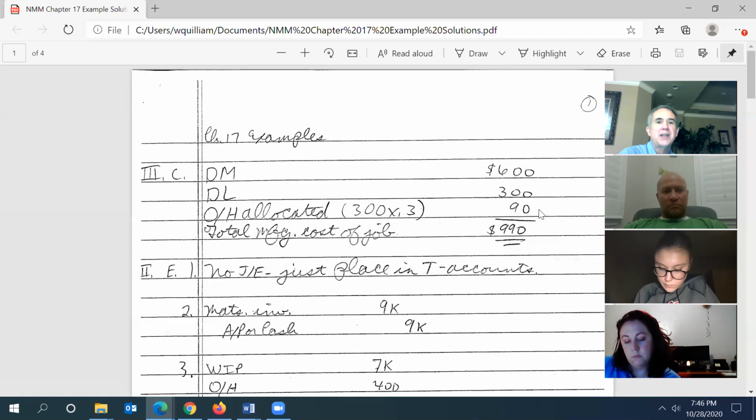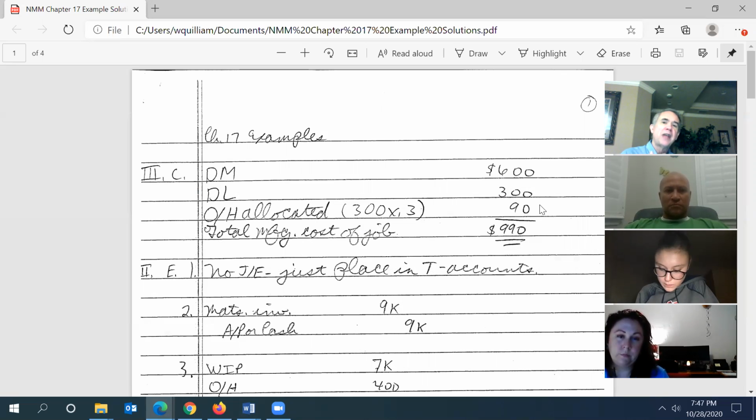Was overhead allocated? Well, we can't trace the exact amount. We have to allocate it or average it out. We are told it is 30% of direct labor. So direct labor being $300, let's take 30% or 0.3 of it and multiply. That gives us $90 of overhead that we allocate.